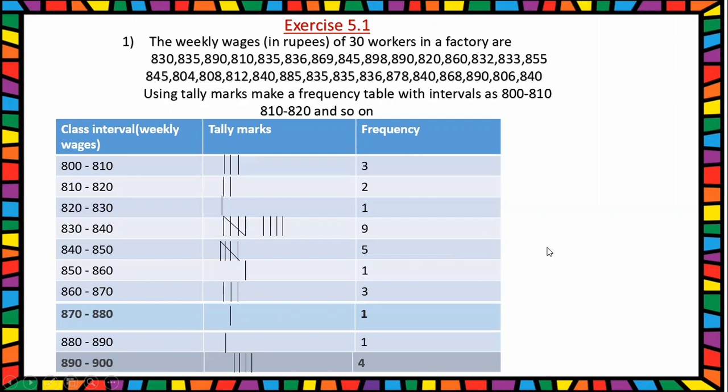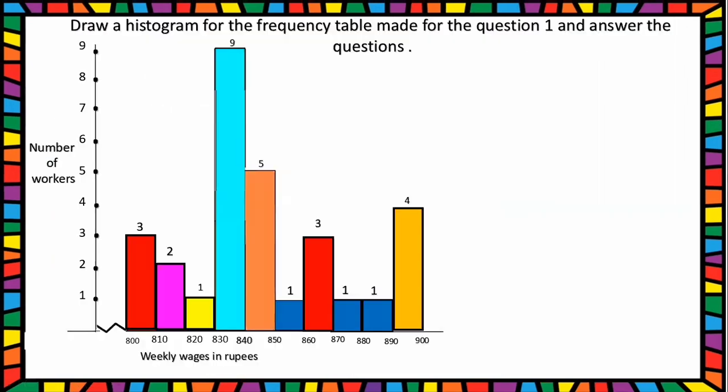Now we can see the histogram using the frequency distribution table. This is the frequency and this is the class interval, using that frequency distribution table. See, weekly wages in rupees on the x-axis, number of workers on the y-axis.